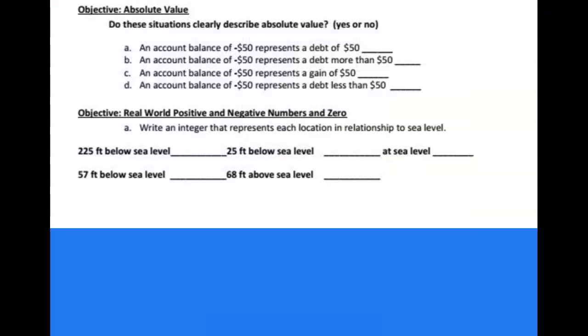The next objective is absolute value. Do these situations clearly describe absolute value? Yes or no? An account balance of negative 50 represents a debt of $50. Yes. An account balance of negative 50 represents a debt more than 50. No, it can't be more if it's 50.